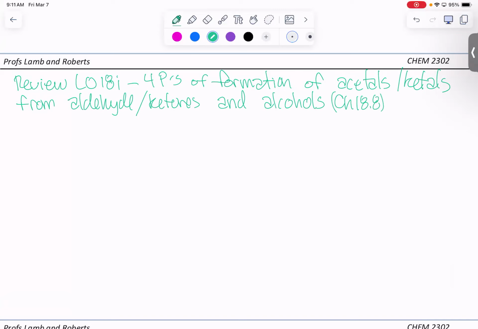All right, so what we learned on Wednesday is that when we take an aldehyde or a ketone, we treat this as our electrophile. And then we need 2 equivalents of some sort of alcohol as our nucleophile. Remember, if you're struggling identifying electrophiles and nucleophiles, we're just taking a systematic assessment of periodic trends, things like electronegativity, polarizability, right?